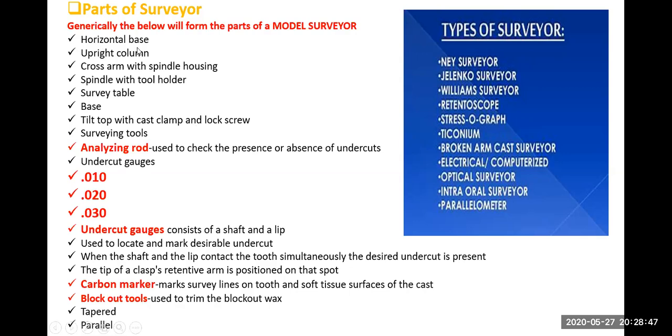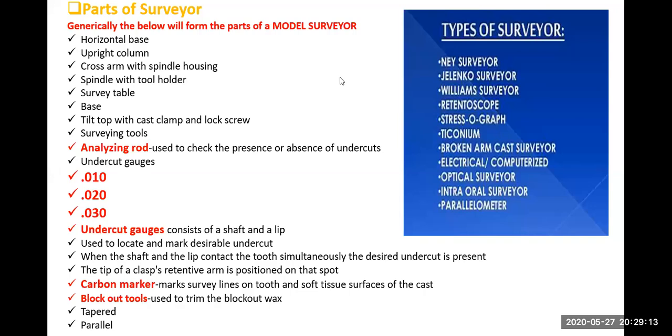We have what I call the generic parts. These are parts that are very common to all dental surveyors. And there are other parts which can be different, because of the type of surveyor that you are dealing with.